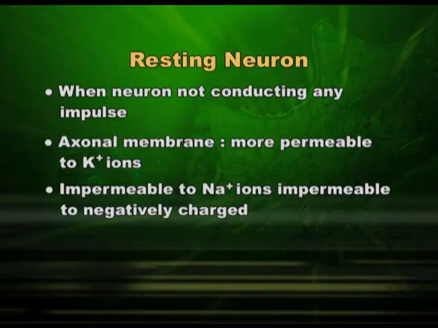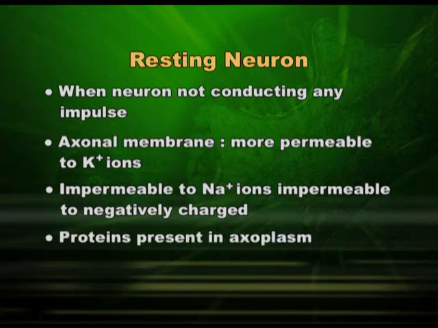So, what will happen in the resting potential? The potassium ions are able to move. The protein ions are not able to move, and they are present inside the axoplasm. Also, dear students, try to understand that the exchange is taking place inside the axoplasm and outside the axoplasm.